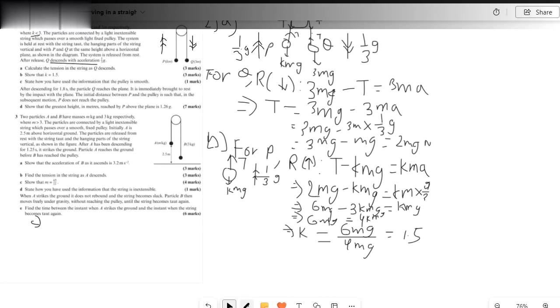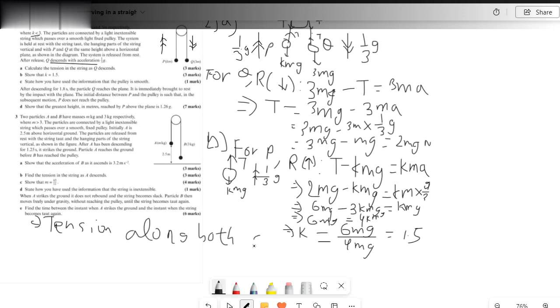So for part C, we can say that the tension along both sides of the pulley should be the same. This is our modeling assumption, and this is how we use the information that the pulley is smooth.